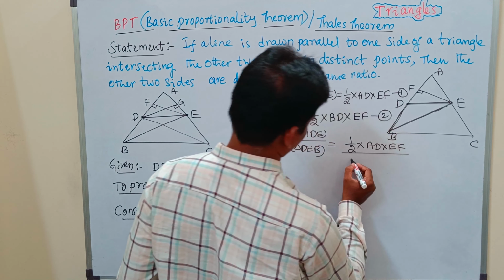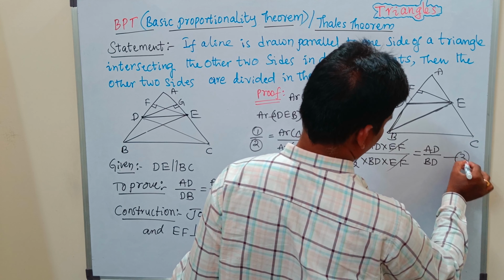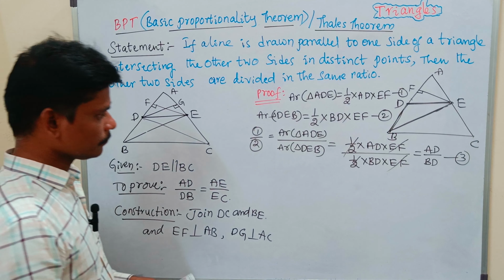So here EF cancels, half cancels. That is equal to AD by DB. Take this as equation 3. And next point.